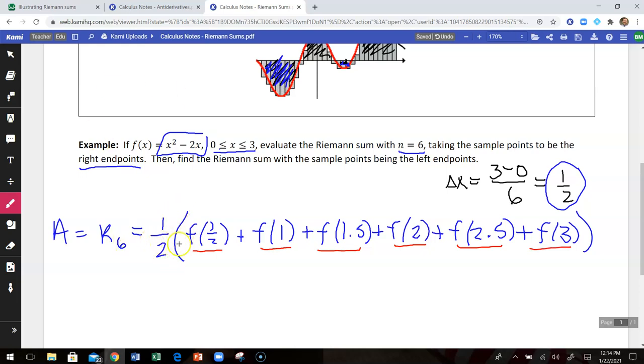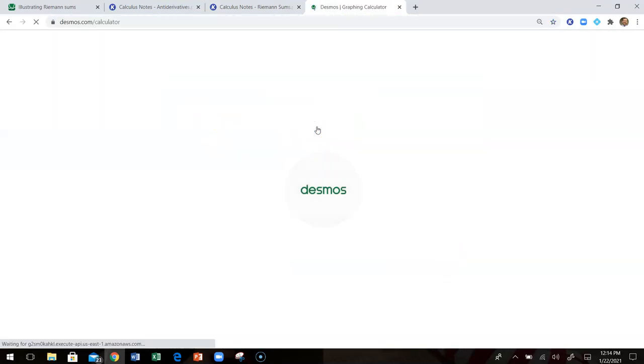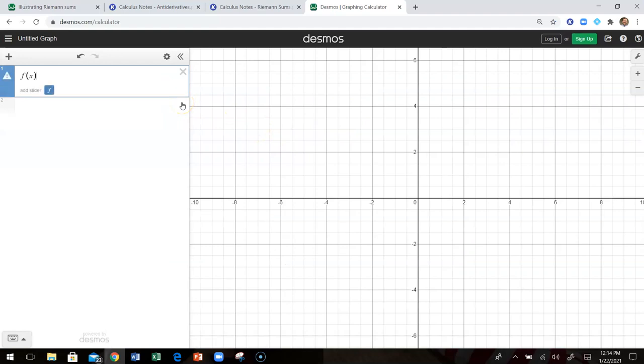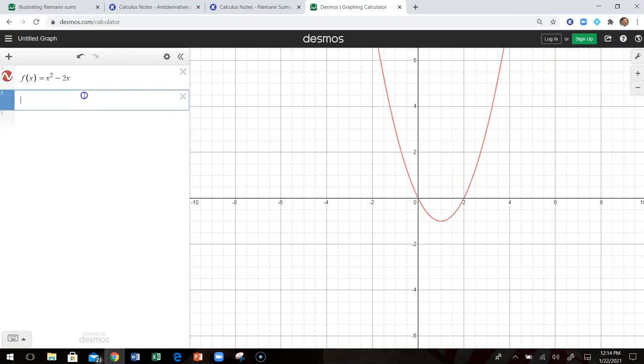And then what we could do is use Desmos to help us with this. If you type in your function, so our function is x squared minus 2x. What I'm going to do is I'm going to say, well, we know our area is 1/2 times, and if I use right endpoints, my first one was f of 0.5.